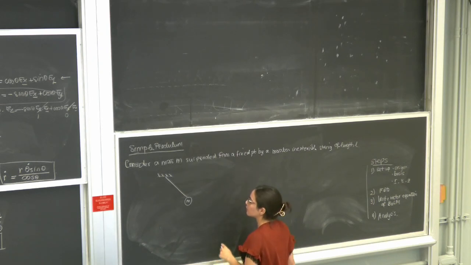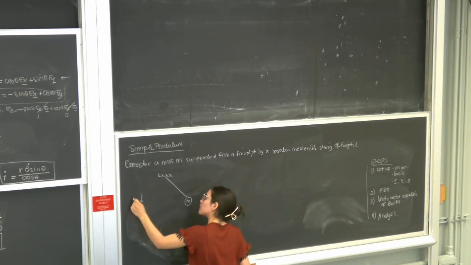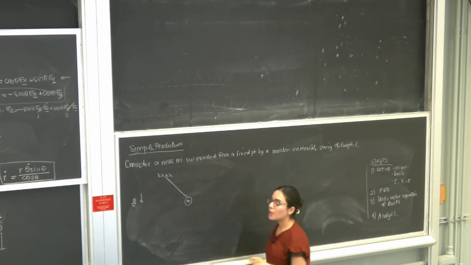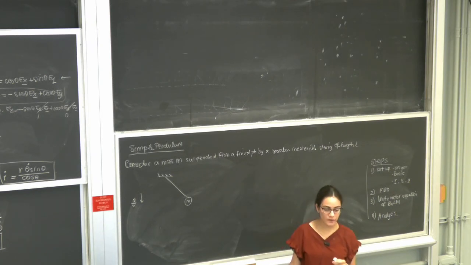This is the particle of mass m, and I have my gravity pointing down. The question is, find the equation of motion of the mass m.